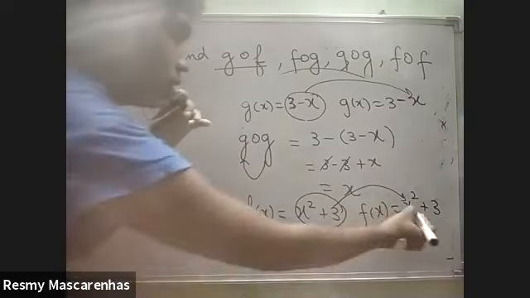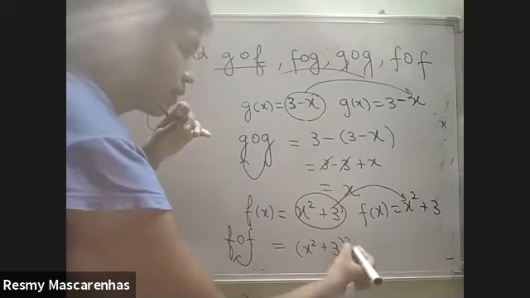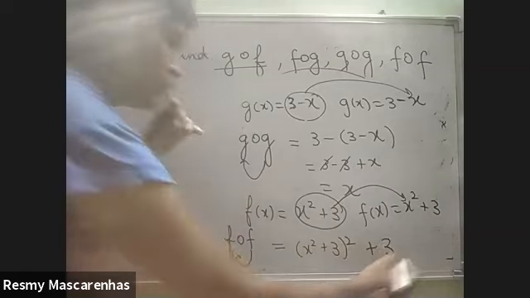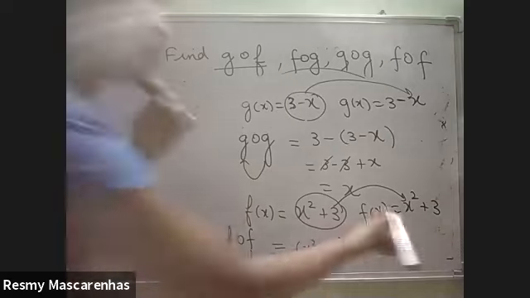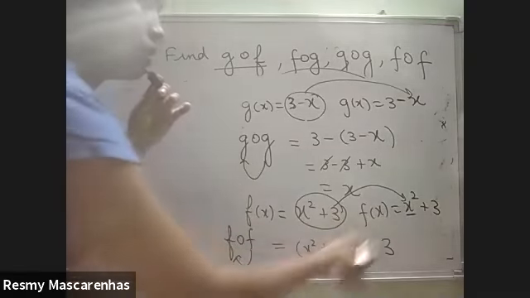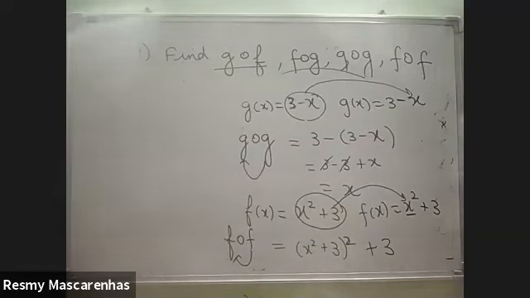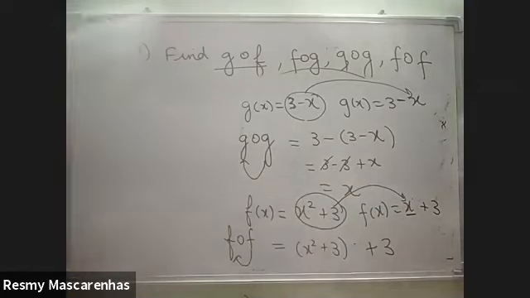So what will happen is instead of x, put this whole thing. And then it will look like this. So instead of x, what will come? X square plus 3. And then there is a whole square. If there was no square here, it would have been like this.